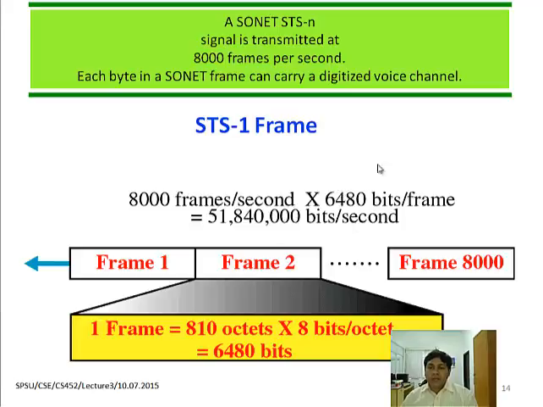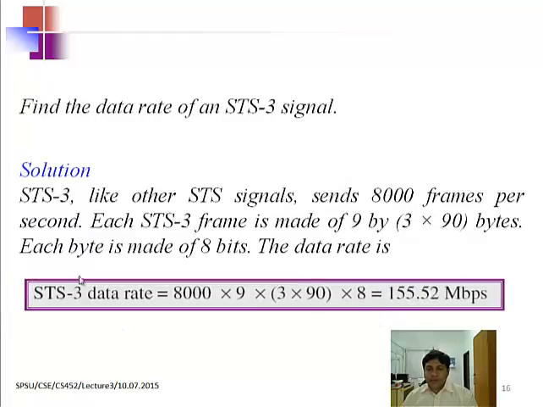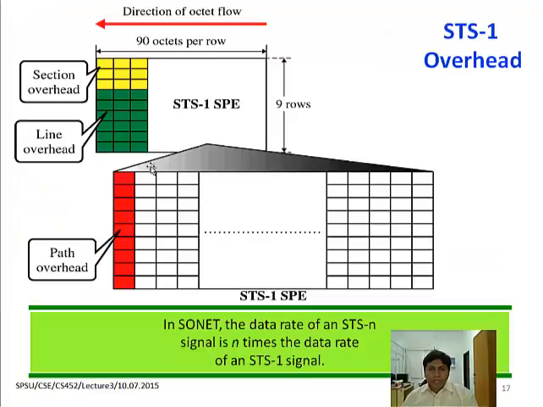If we calculate the other components, if we calculate the STS-1 signal it is 51.840, and STS-3 will be thrice that. STS-1 and OC-1 are the same, and STS-3 and OC-3 are the same. Now this is the SONET architecture.